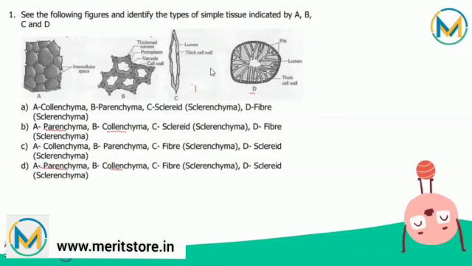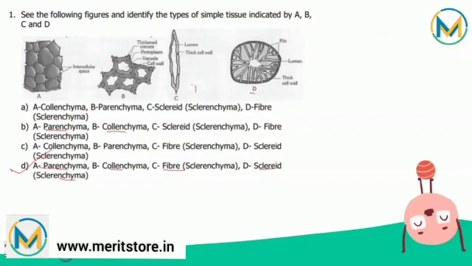They are commonly found in fruit walls of nuts, pulp of fruits like guava, pear, and sapota, seed coats of legumes, and leaves of tea. Sclerenchyma provides mechanical support to organs. So, C is fiber, and D sclereid is there only in option D. So the correct answer for this question is option D.